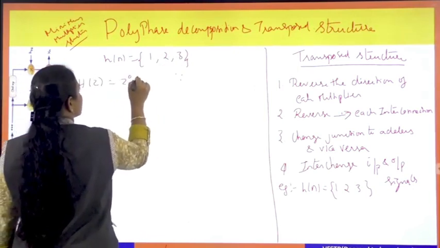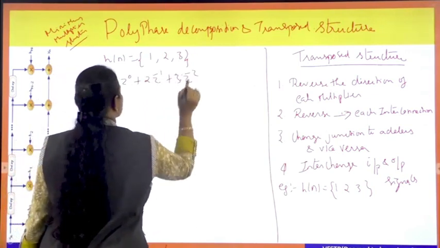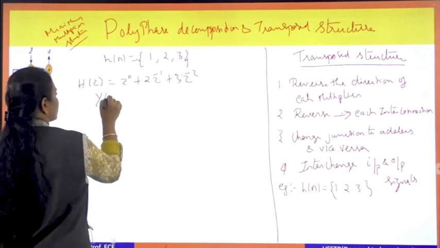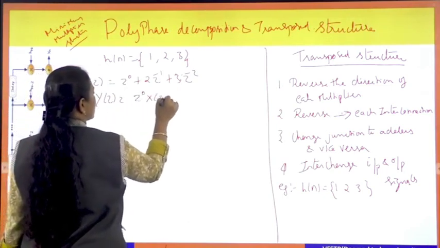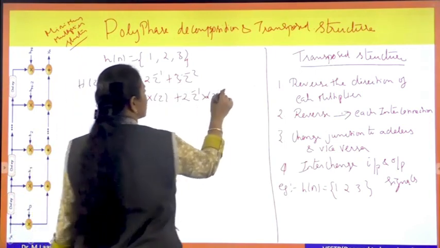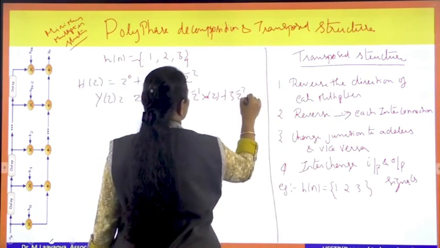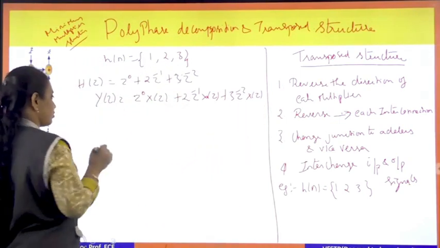So z power 0, plus 2 z inverse, plus 3 z power minus 2. What is my y of z? So z power 0 x of z plus 2 z inverse x of z plus 3 z power minus 2 x of z. So I have y of z equal to this; draw the direct form structure.